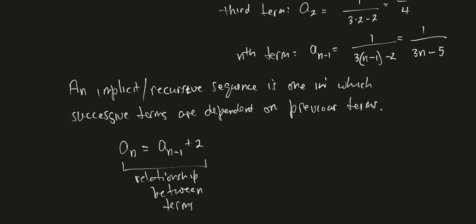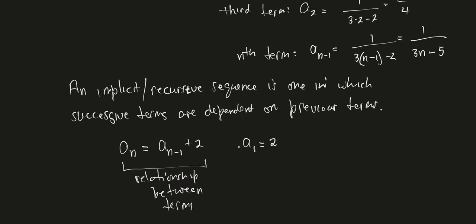But it doesn't tell me where to start. It doesn't tell me, okay, where do I start, and with what value do I start? So in a recursive sequence, not only do you need the relationship between the terms, but you also have to have what's called an initial condition or a seed value or something of the sort. So in addition to giving this general relationship, I would have to say something like a sub 1 is equal to, let's say, 2.